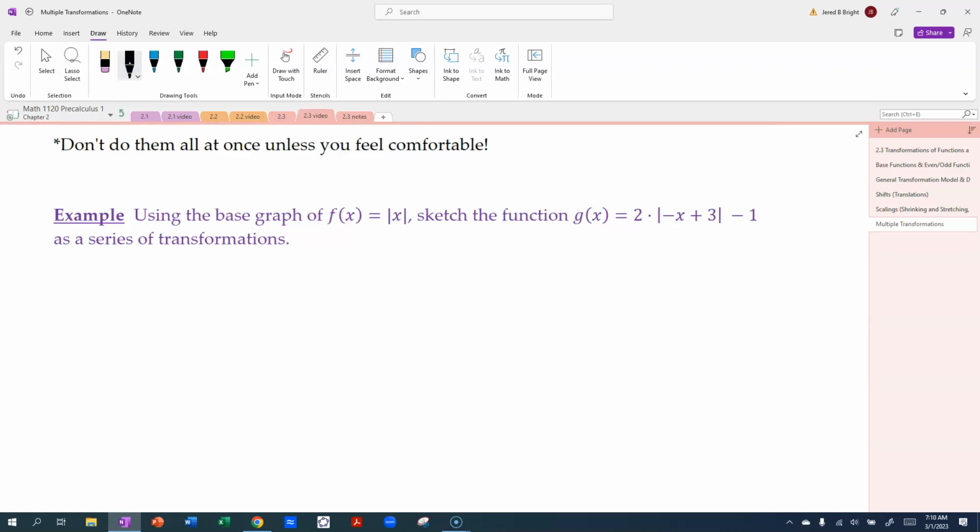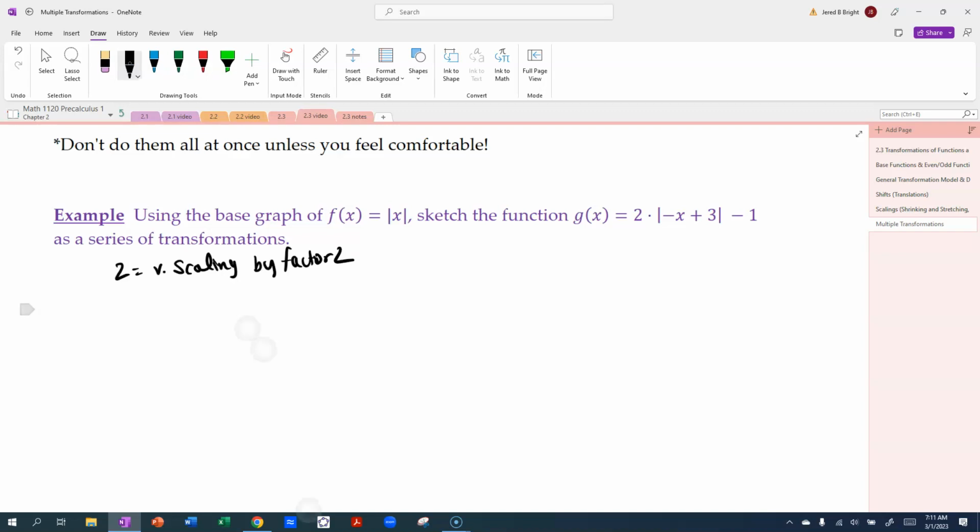We're going to begin with a graph of f of x is equal to the absolute value of x and use it to get to each of these. First of all, I like to just identify what is going on here. We have a 2, which is a vertical scaling. Again, I'm not going to distinguish between stretch and shrink in my own practice, by factor 2.